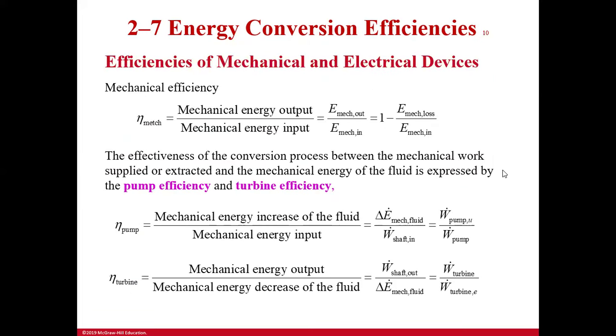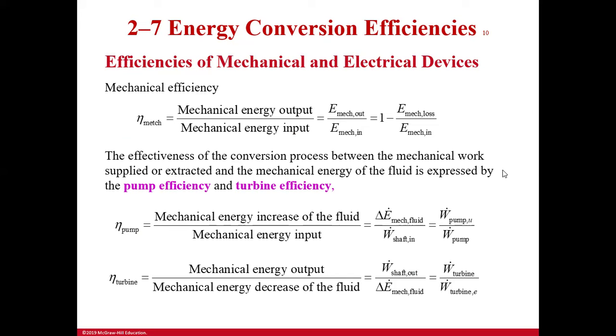So eta mechanical efficiency is given by mechanical energy output divided by mechanical energy input, which is 1 minus E mechanical loss divided by E mechanical in.